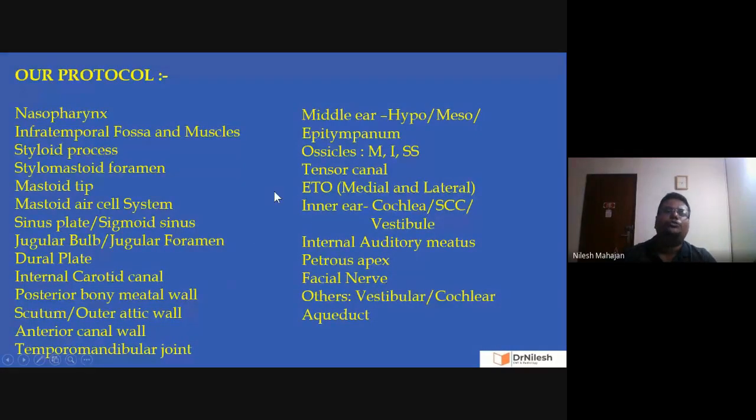These many structures you should see in a particular scan whenever you get a CD.